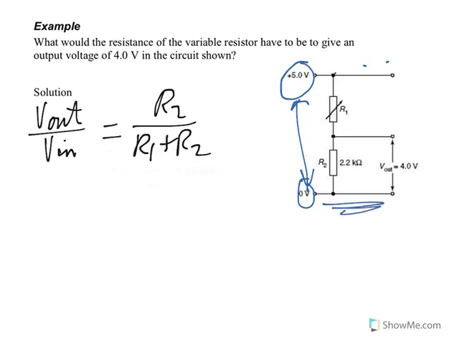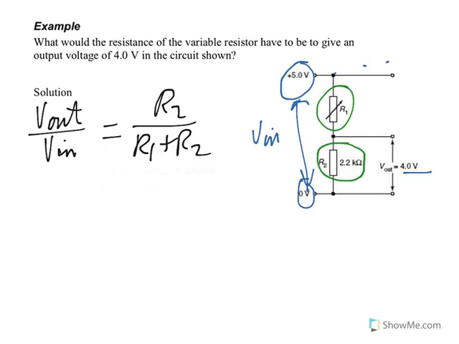So across there, all the way across to there, is 5 volts. Alright, so that is our V in. Our V out, we've already been told is 4. And we've got a couple of resistors, this one R1, and that's what we want to find out, what that resistance is. And then R2, we've already been told.